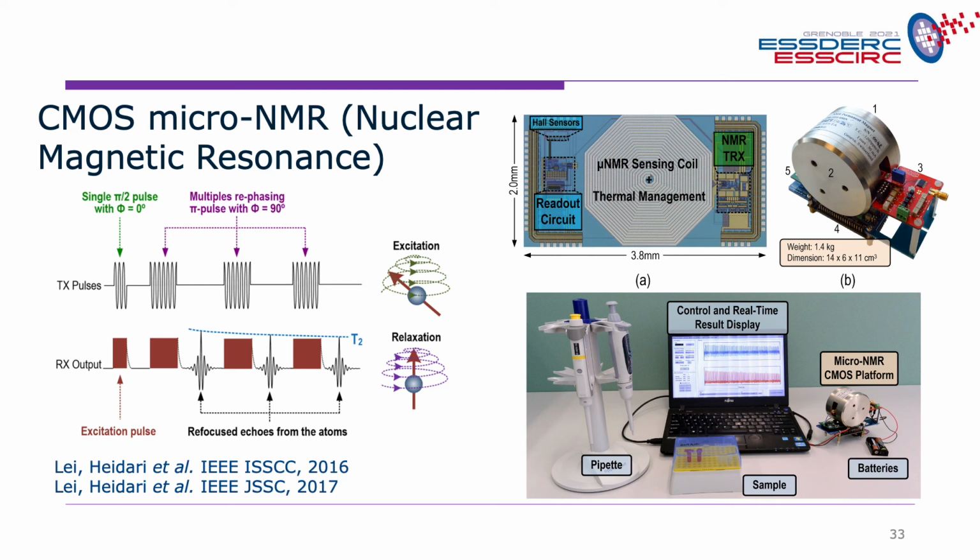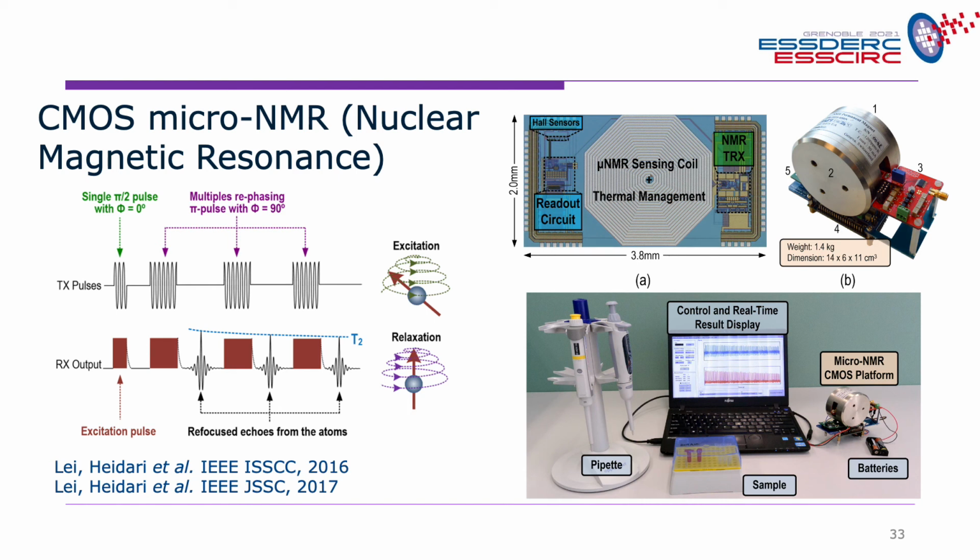The signal was generated by a transceiver pulse, which sends certain pulses to excite the nucleus, and then using the relaxation technique we could read the T2, which actually refocuses echoes from the atoms.